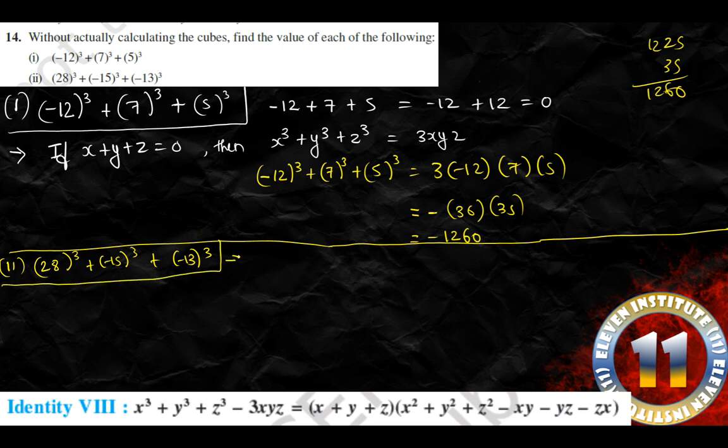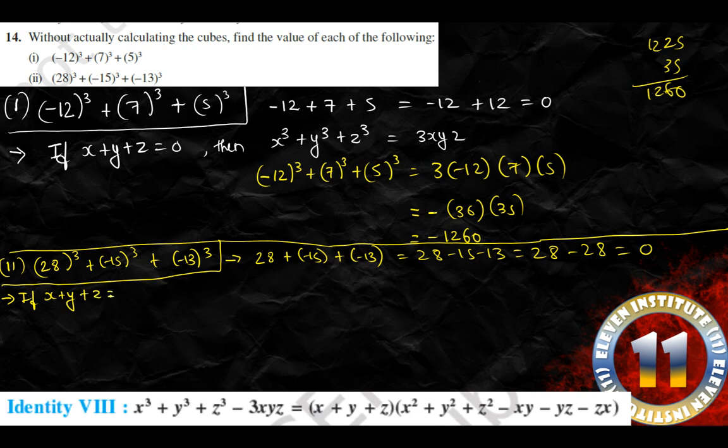So before doing the question, we will find the value of these three, 28 plus minus 15 plus minus 13. So we have 28 minus 15 minus 13, which is 28 minus 28, and our answer is 0.